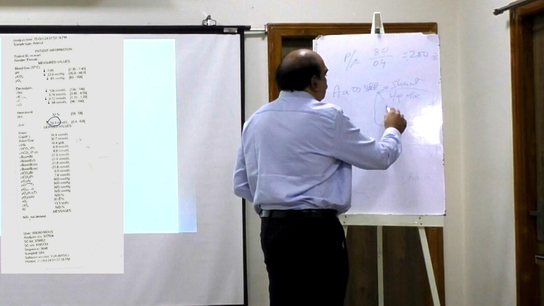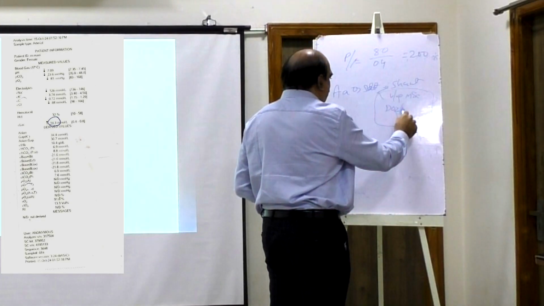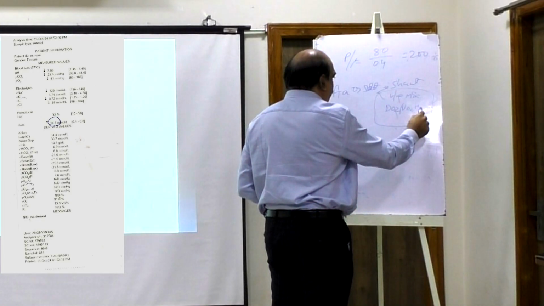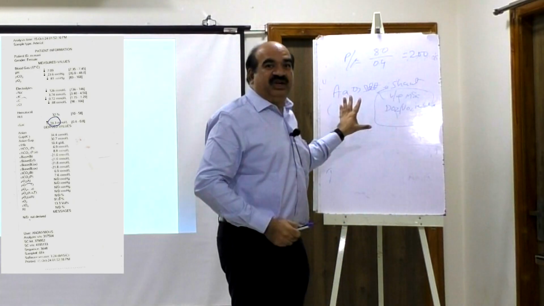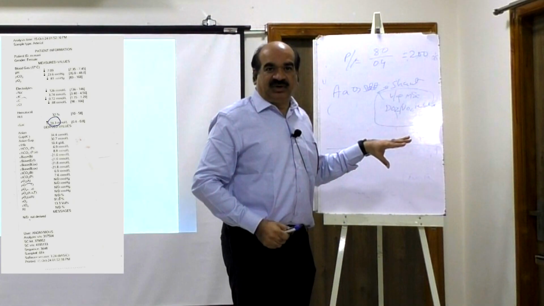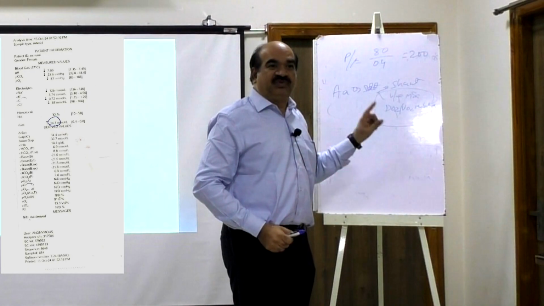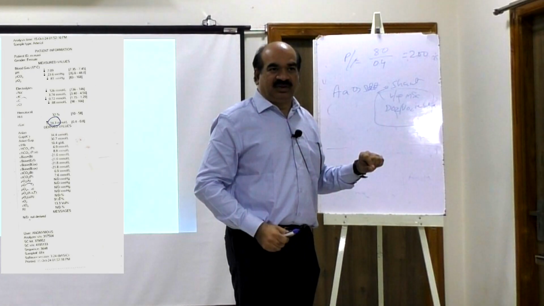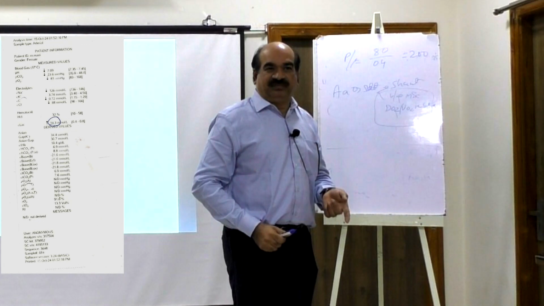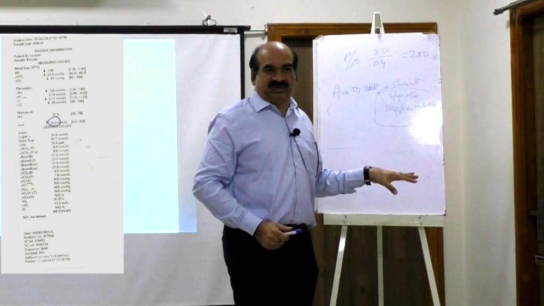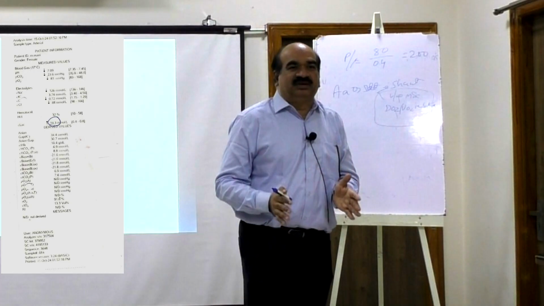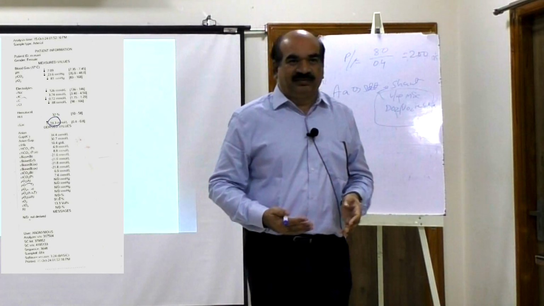Or there can be DO2 by VO2 imbalance. DO2 means delivery of oxygen to the tissues. So if cardiac output is low, delivery of oxygen will be low. VO2 means oxygen uptake by the tissues. Ultimately, what is important? Tissue oxygenation.